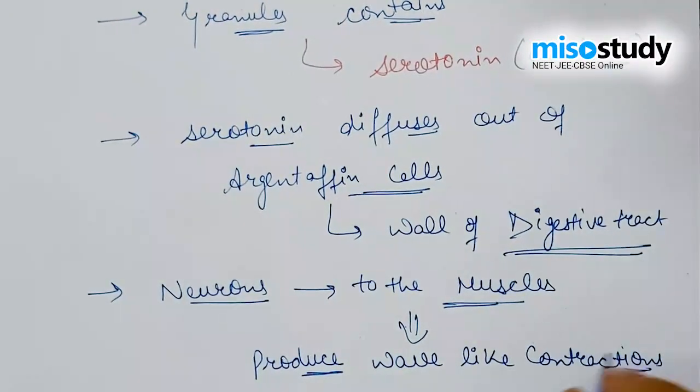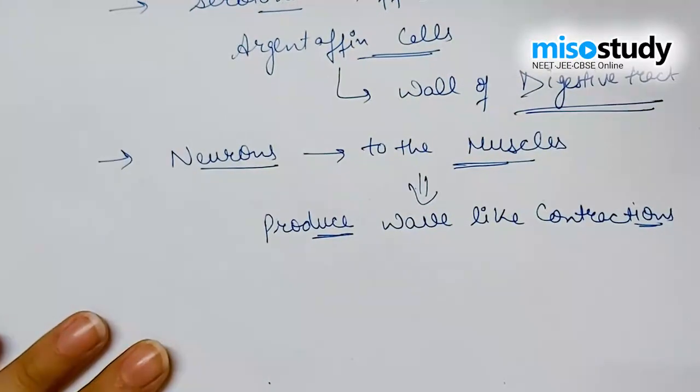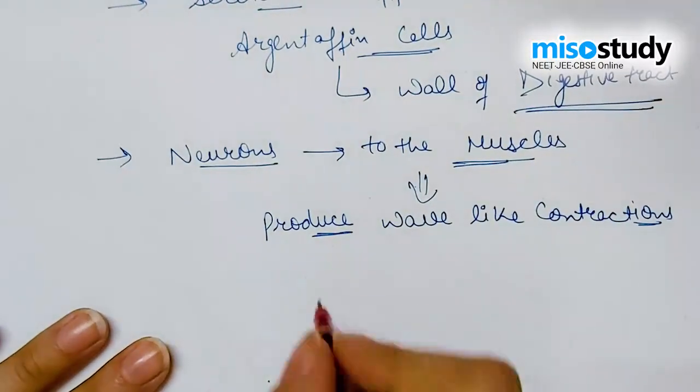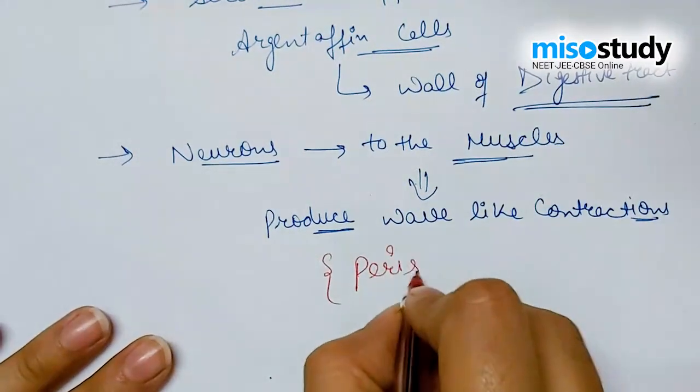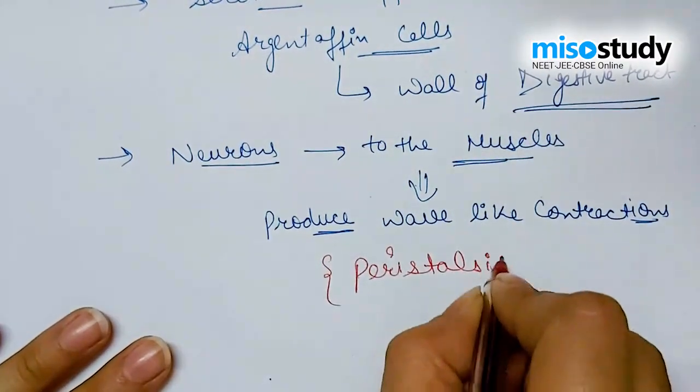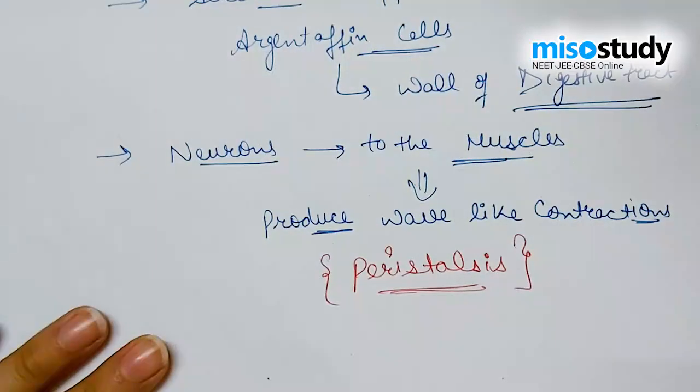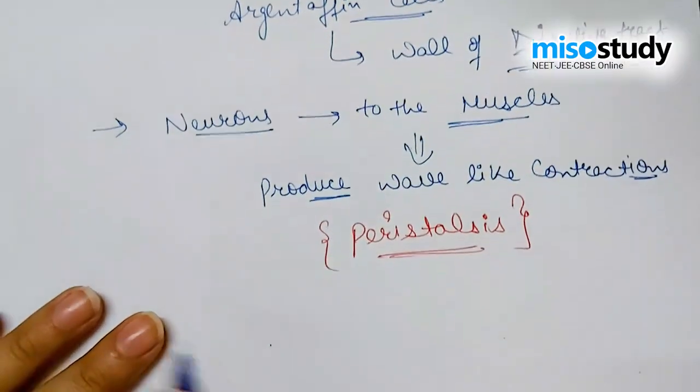That wave-like contraction is also known as peristalsis, or the peristaltic movement.